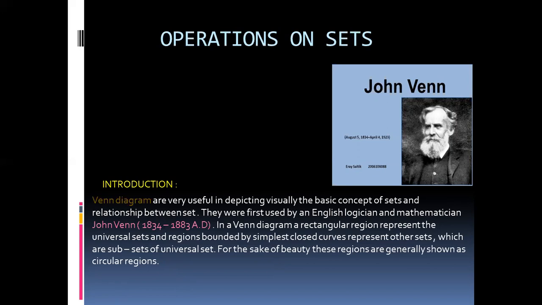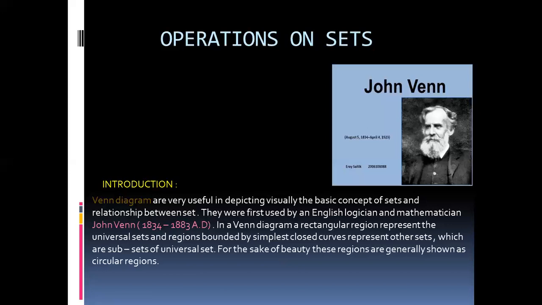In the Venn diagram, a rectangular region represents the universal set and a region bounded by a simple closed curve represents another set, which is a subset of the universal set.